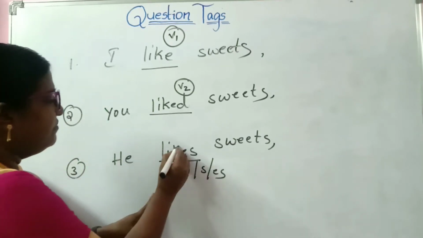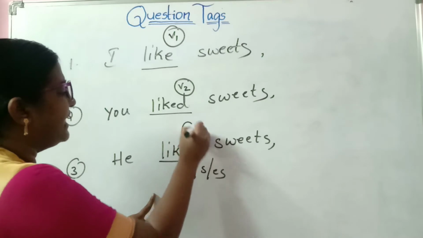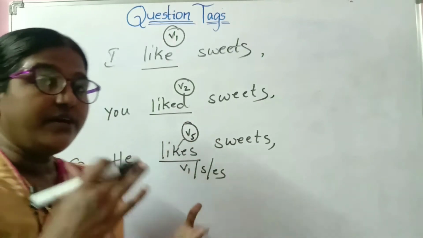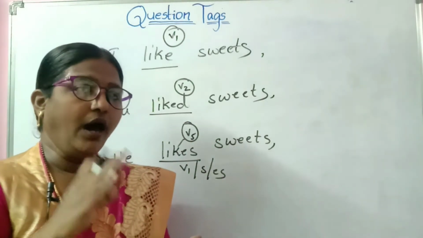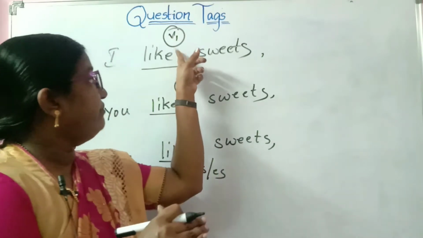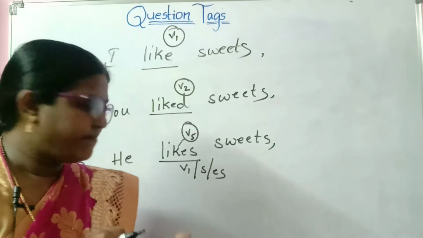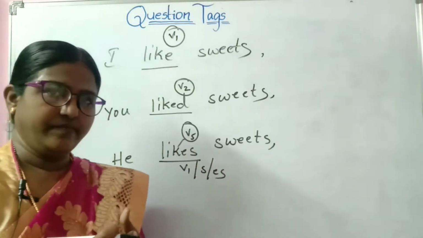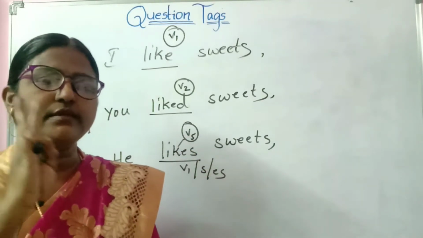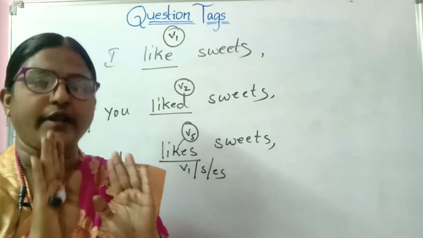We can also call this V5. We use V5 forms only with the third person singular pronouns.